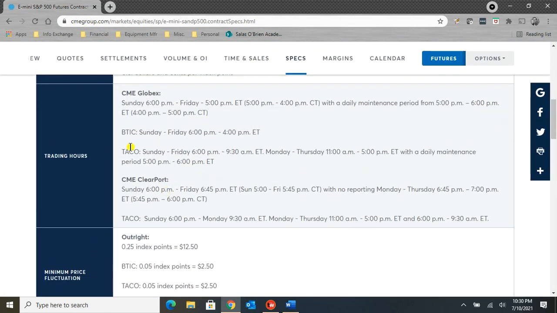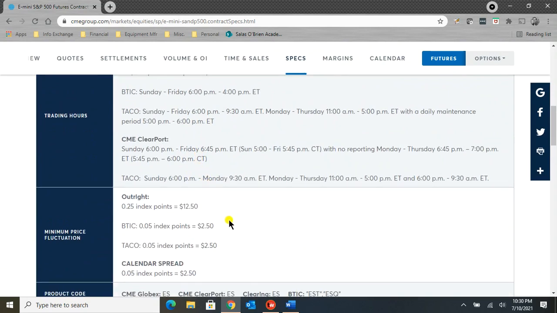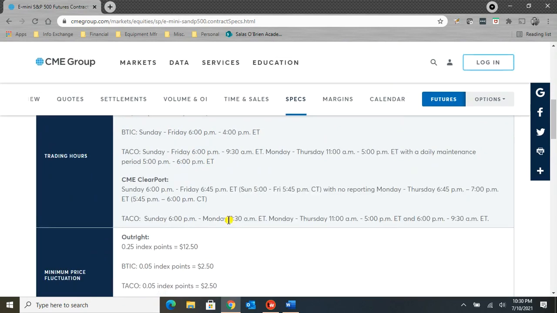It gives you the time that it's open, which for futures are typically 23 hours a day, 5 days a week. They typically open 5 p.m. Central Sunday night and close 4 p.m. Central Friday. There's some futures, such as the treasuries and the agriculture products, which close earlier.